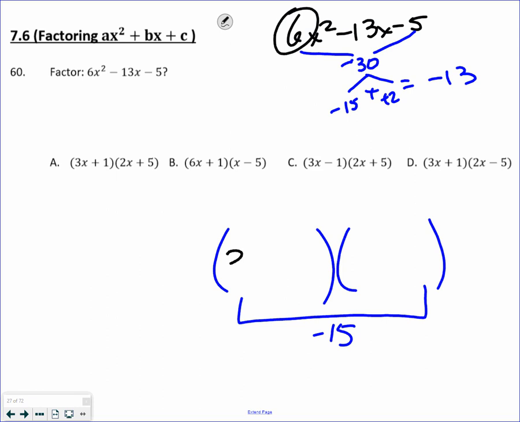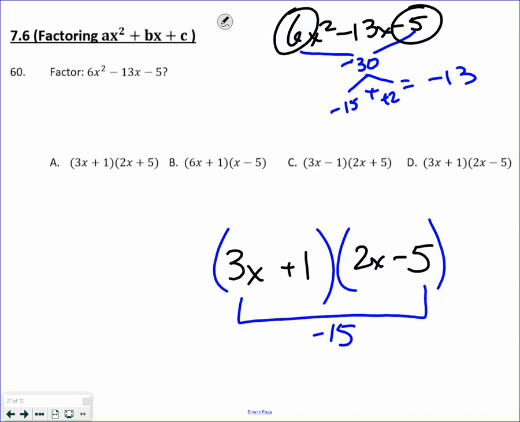Using a factor of the first number and a factor of the last number, I need to get negative 15. And I got that. Now it's a matter of filling in the blanks. 3x times 2x gets you 6x squared. So the first one in each parenthesis must equal the first term. And then the last one in each parenthesis must equal the last term.